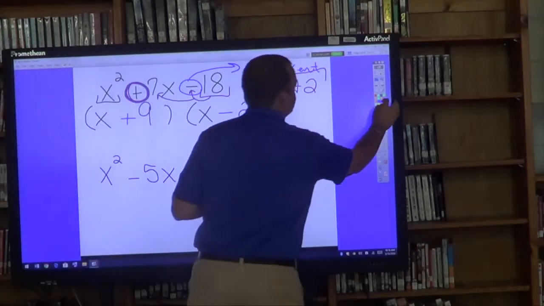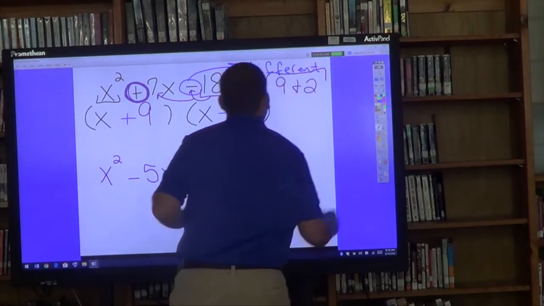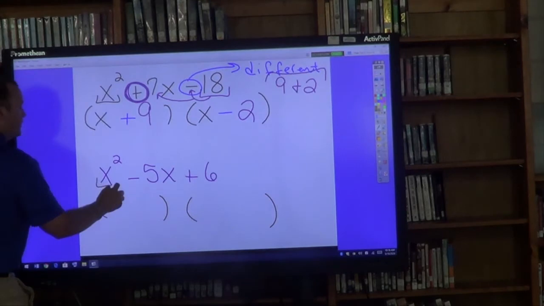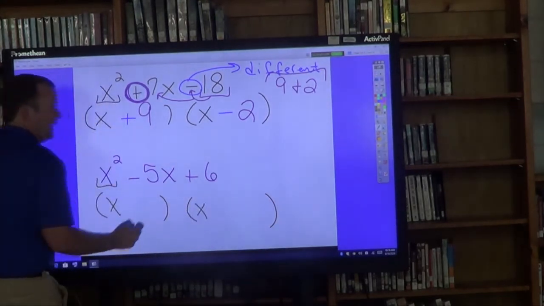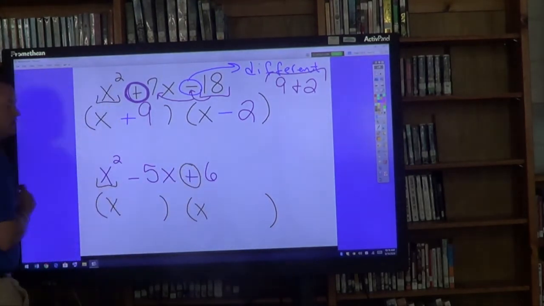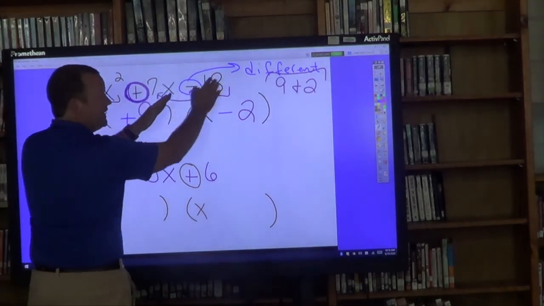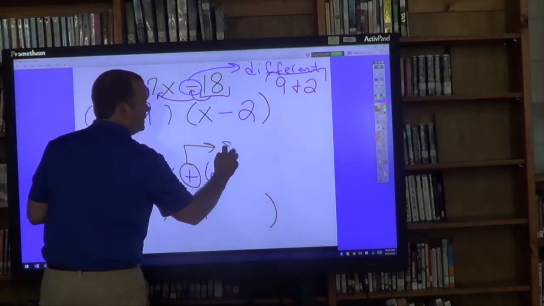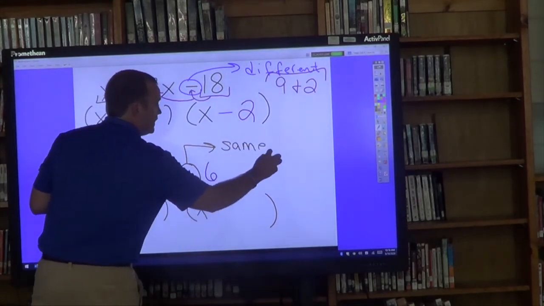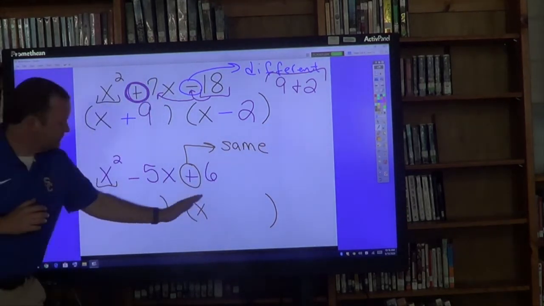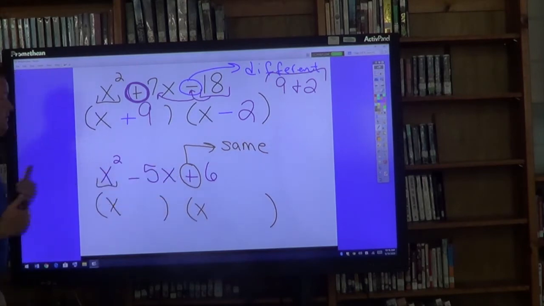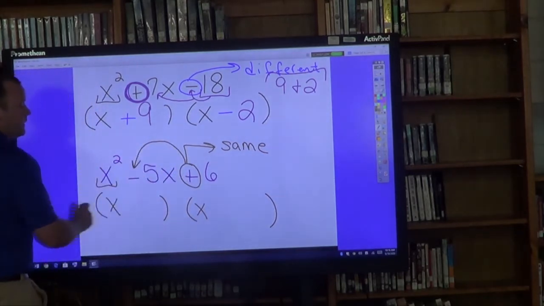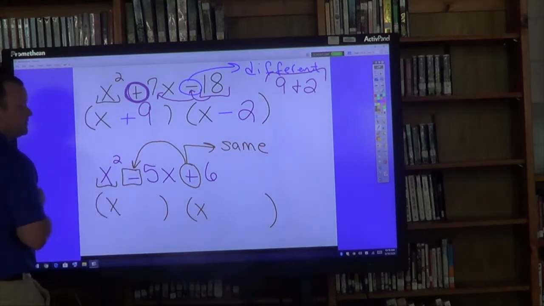So if we're doing this one here, of course I'm going to set up my parentheses. Here's my variable. Now C is positive. When C was negative, that meant the signs were different. So when C is positive, the signs are going to be the same. Either they're both positive or they're both negative. To determine which, look at the middle sign. It will tell you what both of your signs are.